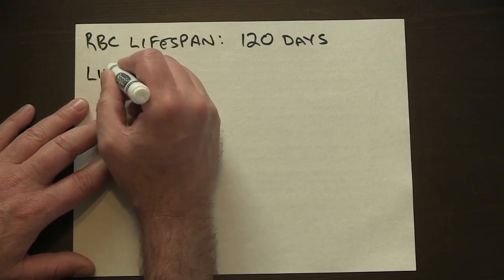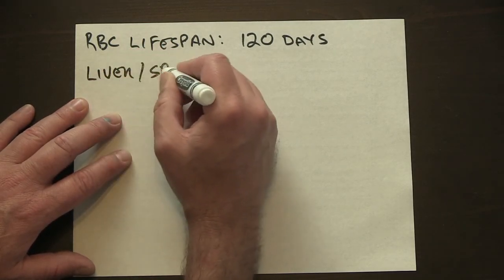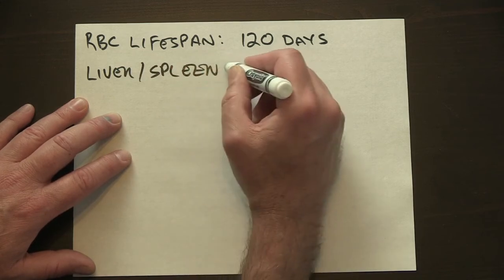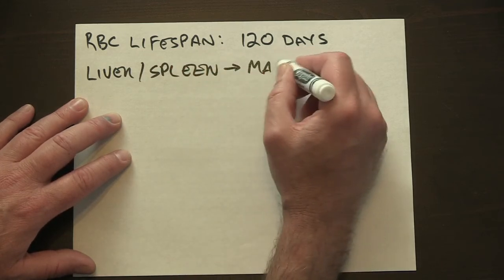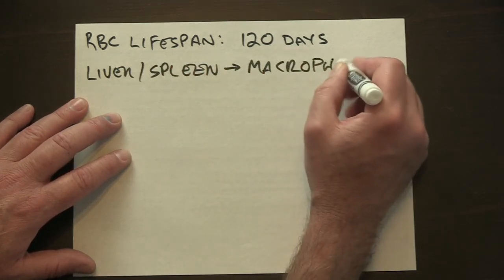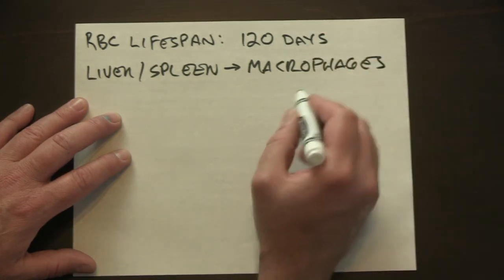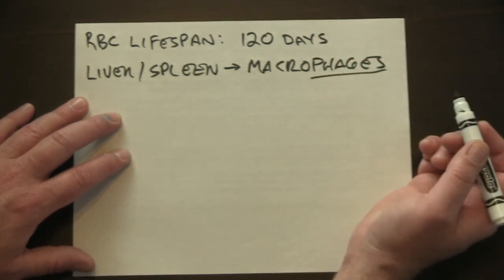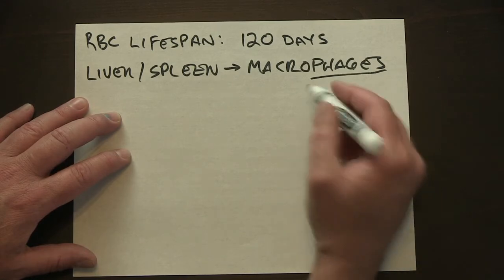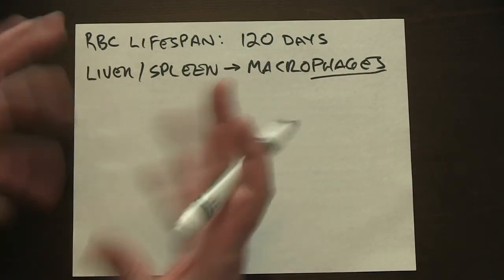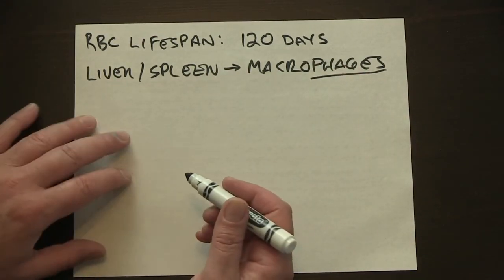So in the liver and spleen, I'm pretty sure we've talked about macrophages before. Macrophages, they phagocytize bacteria or old blood cells and basically dissolve them away, like digest them.